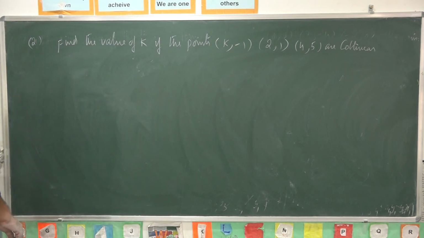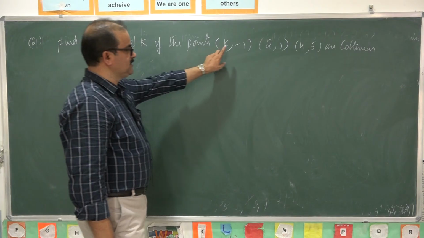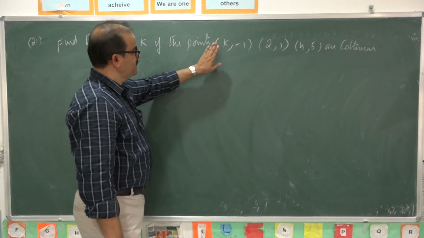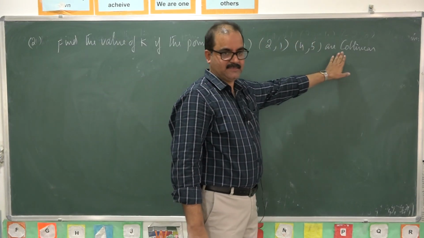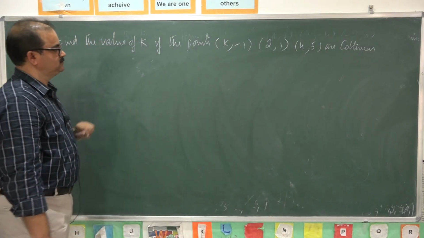Find the value of k if these 3 points are collinear. Take these 3 points as A, B, C.